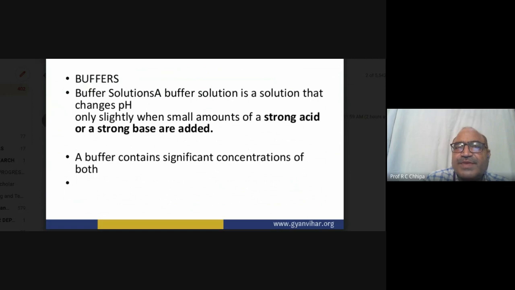The example is blood. If strong acid or strong base is added to blood, there are only very slight changes in the pH value. Otherwise, it remains almost constant.